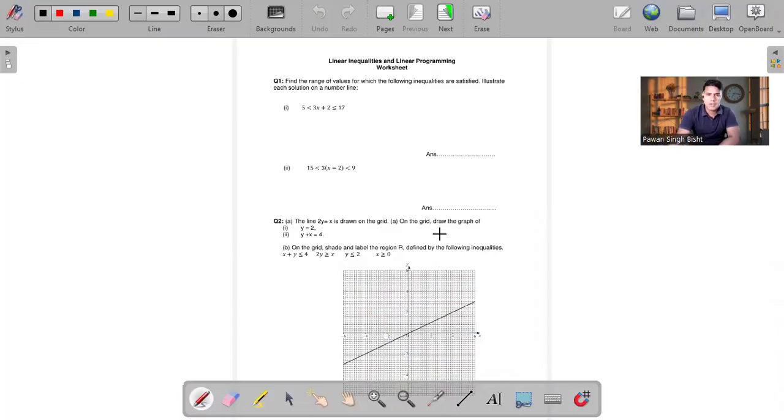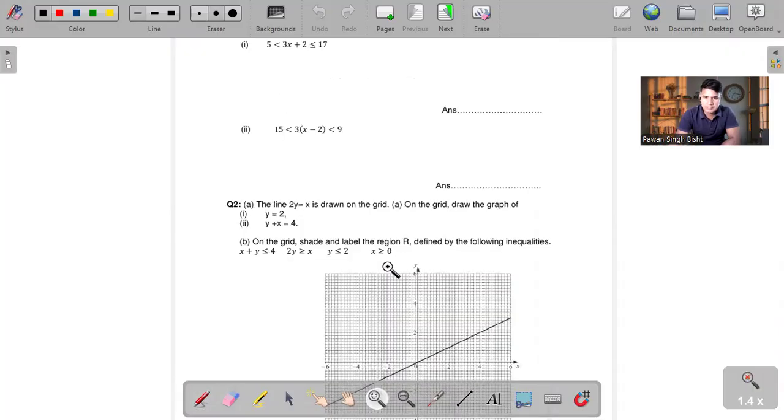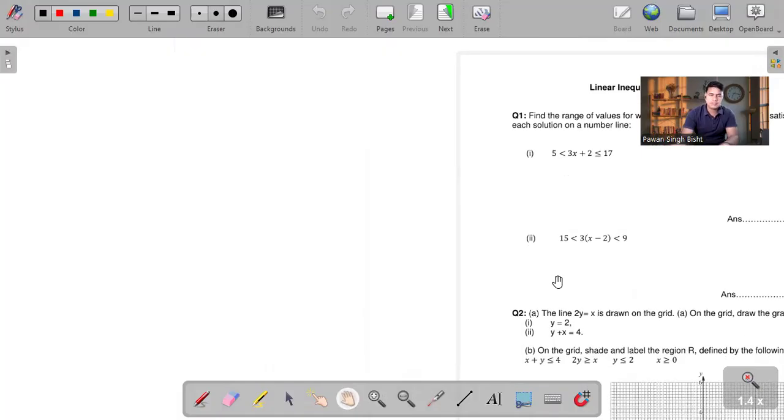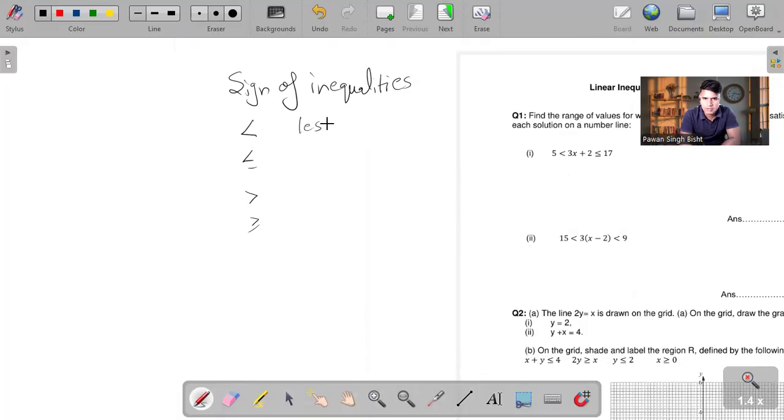Okay, right. So, before starting with the worksheet, we need to understand some basics of this topic, right? So, inequalities means first we need to understand the sign of inequalities. So basically we have three types of sign. This is called less than sign.